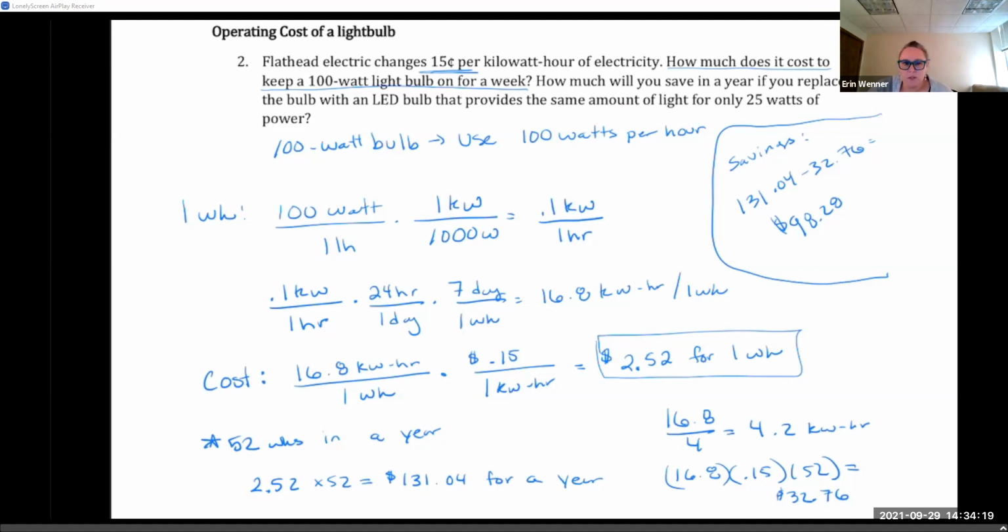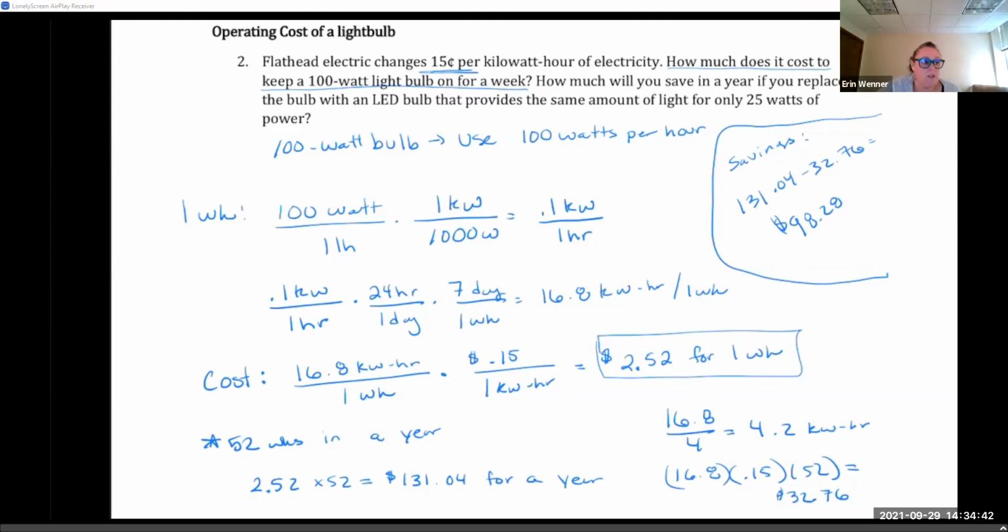Were there other ways we could have done this problem? Did anybody think about it a different way? Taylor, you want to share out how you thought of it? I just took the cost for the week and divided that by 4 and then times that by 52. And it gave me the same answer instead of doing the 16.8 kilowatts per hour per week. That would have been fine.